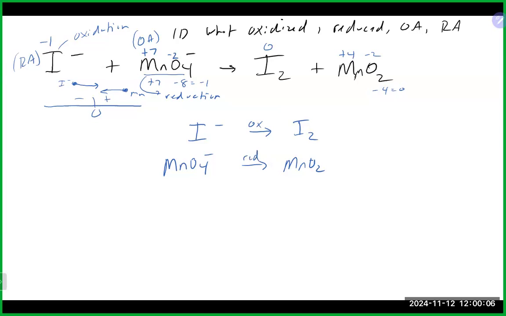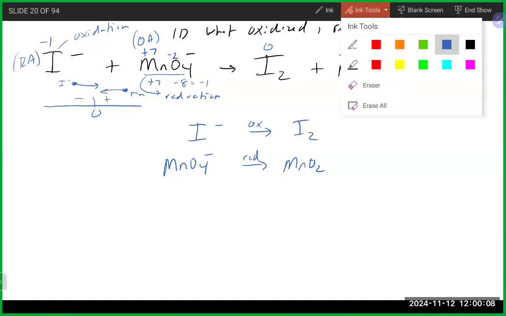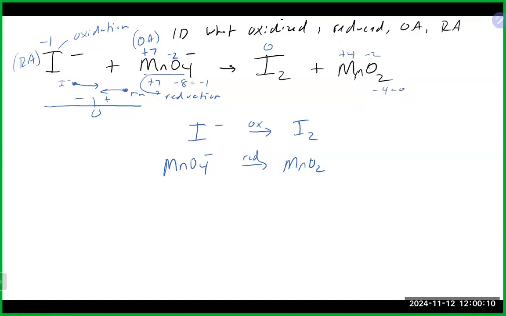All right, after we split it off, first rule is we balance everybody besides hydrogen and oxygen, which in this case, we do need to put a 2 there for the I to make sure we have 2 on each side. On the bottom, we'd be looking at the Mn, and there is just 1 on each side, so we don't have to worry about that. Once we've done that, we can now move to the oxygen part of the program here.